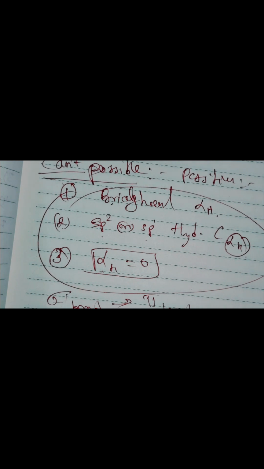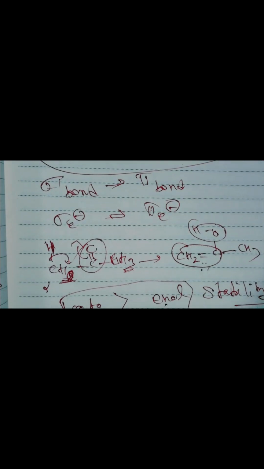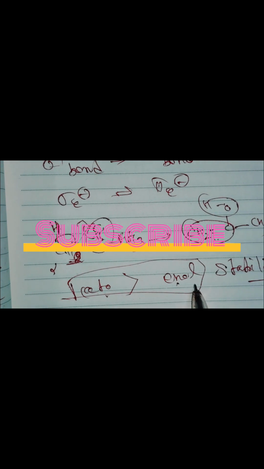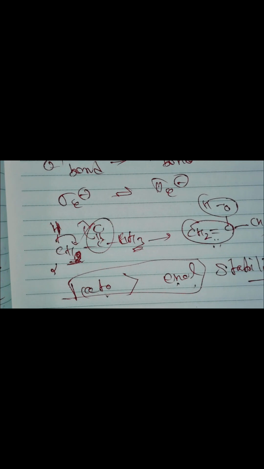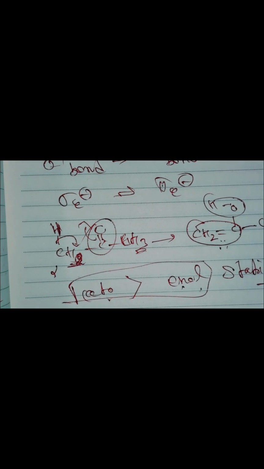The remaining molecules exist as keto-enol tautomers. In general, the keto form is most stable compared to the enol form. Only if intramolecular hydrogen bonding is possible in the enol form is the enol form most stable; otherwise the keto form is most stable.